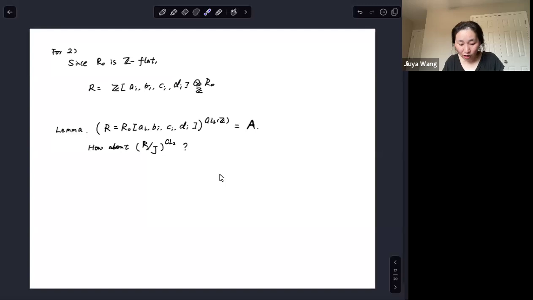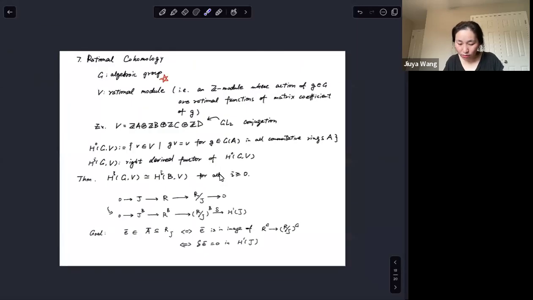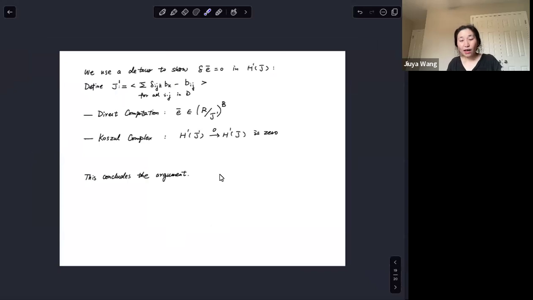And for the J prime ideal, we can actually use a Koszul complex to get nice complexes, and we are comparing the homology of J prime and J as rational modules. We can use a cascade of the cocycle argument.